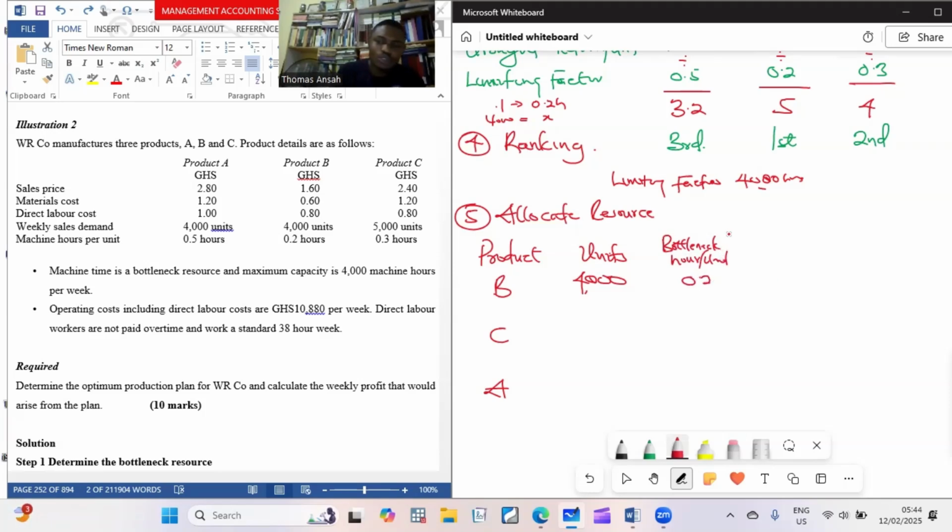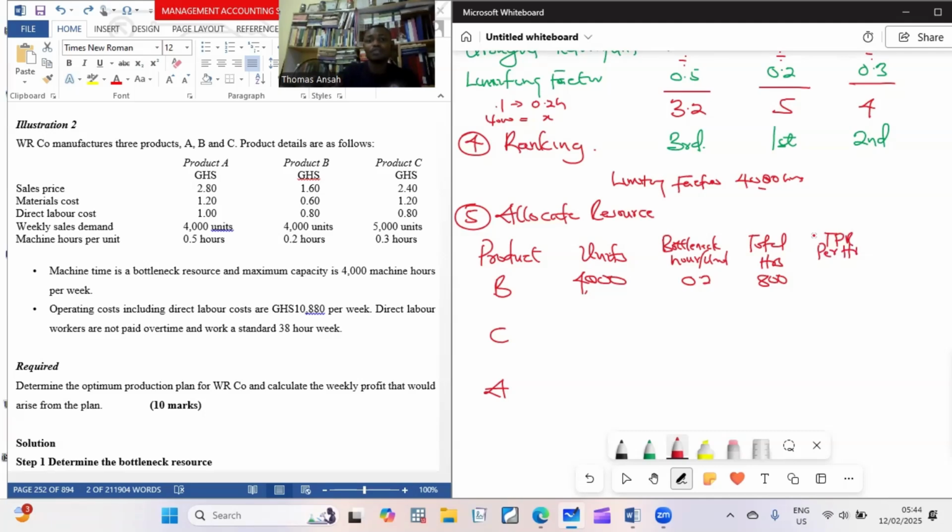The total hours that I will need is 800 hours. So with the 800 hours, the benefit I am getting is the throughput return per hour.